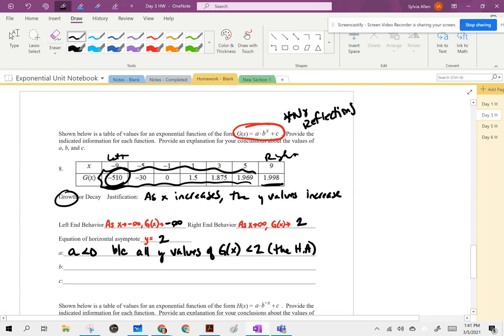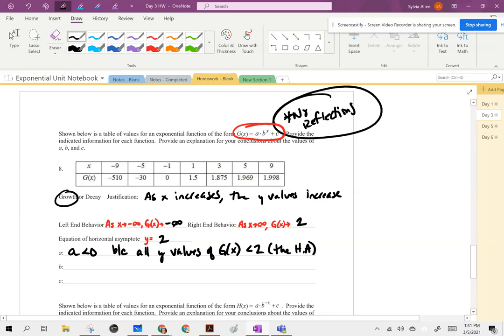All right, let's take a look at the b value. In order for us to have no reflection here, we have one reflection here. In order for this to be a growth, that is going to tell us that there's one reflection, which would indicate 0 is less than b is less than 1.